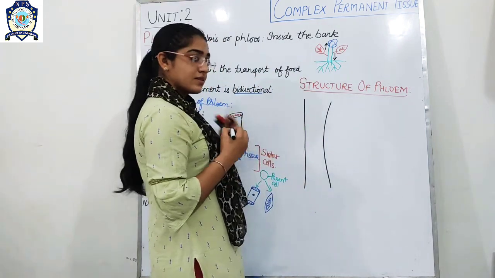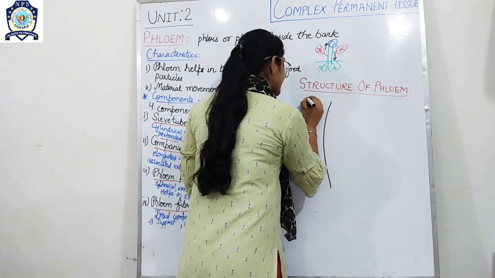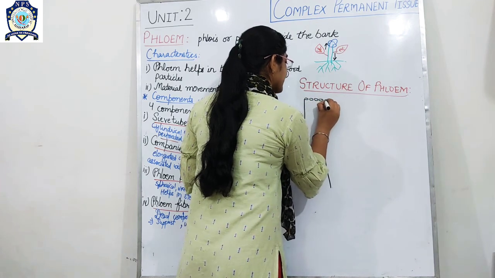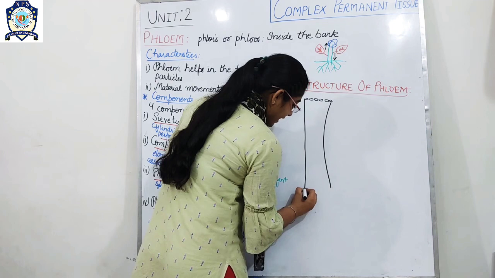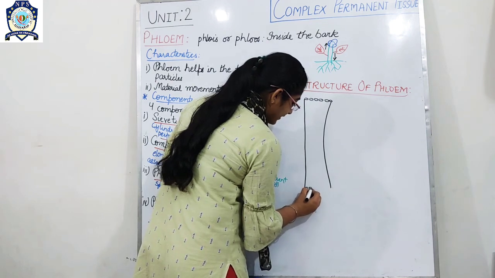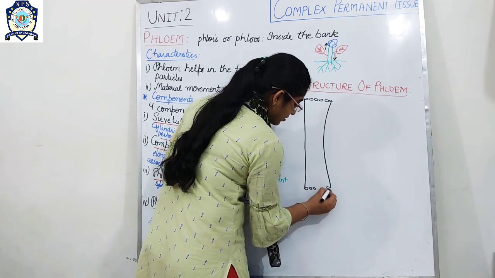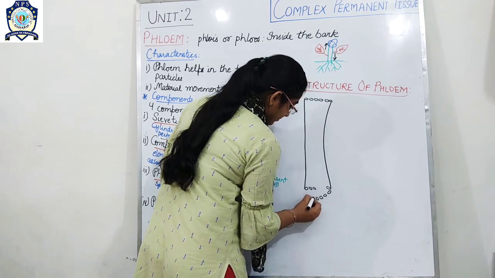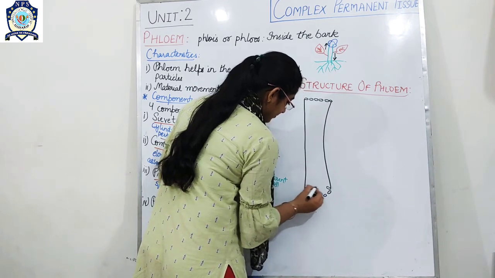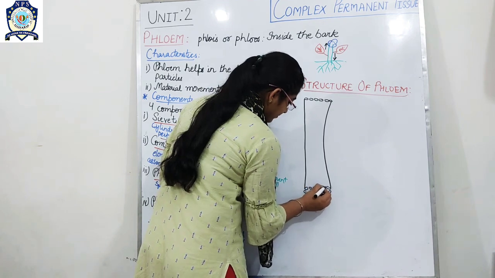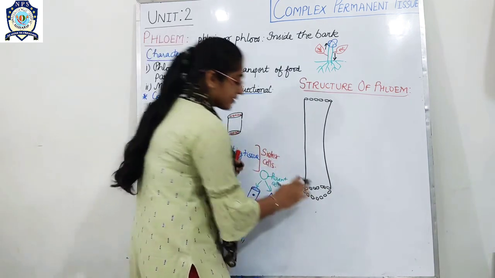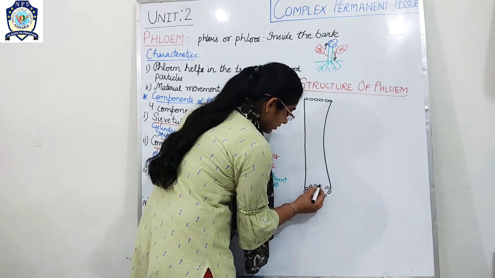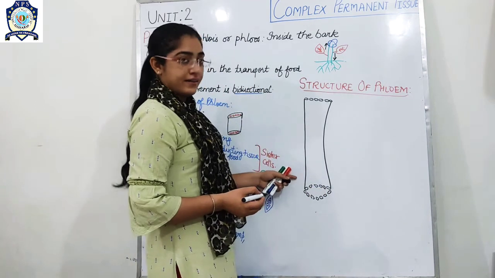Okay, so this is the sieve tube part and it is perforated at the end. Perforated, as I told you, means it has pores at its end walls. In this way, this is perforated. So simply you can make it. It is easy to draw the diagram.